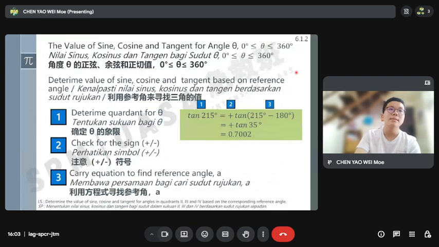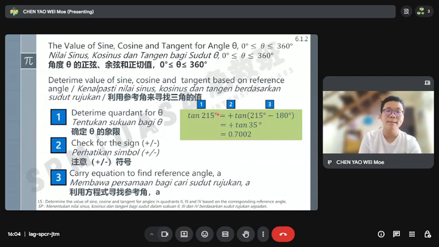First thing, determine the quadrant first. Okay, and later on, we check the sign. For example, tangent 215 is in quadrant 3, and this angle, tangent is positive.